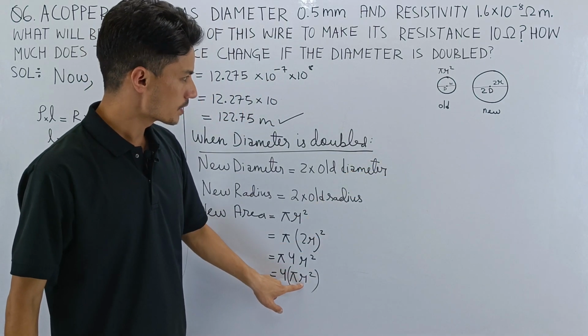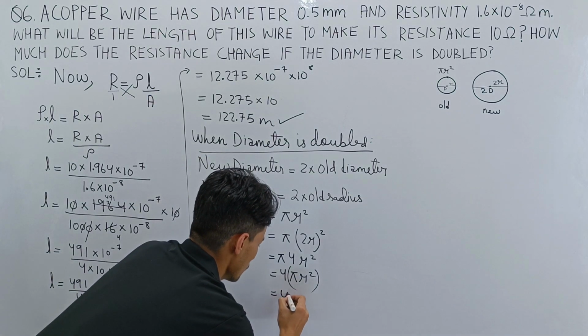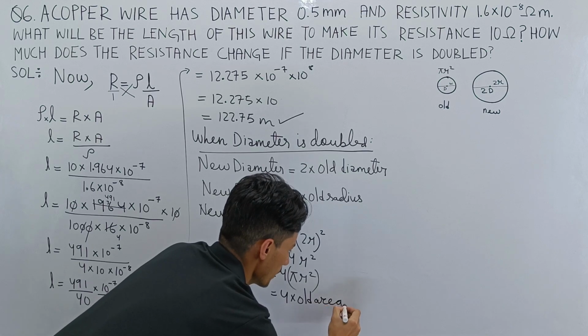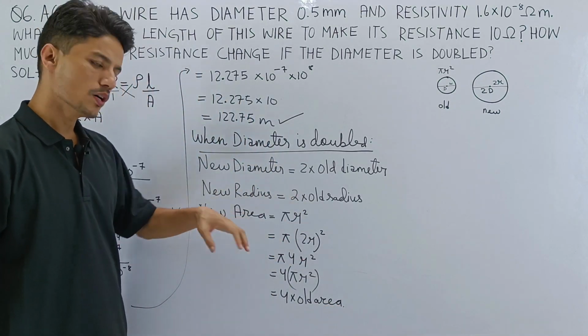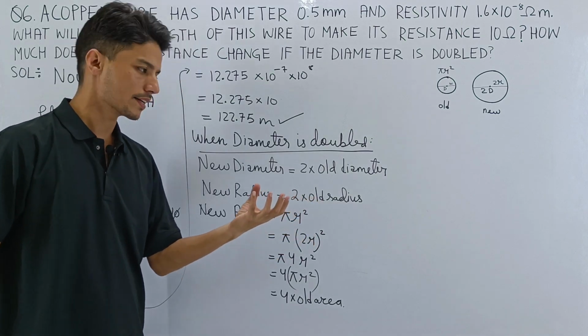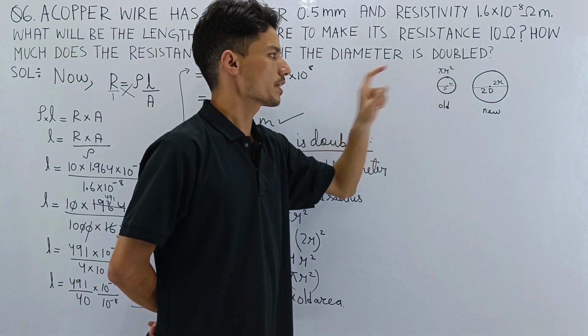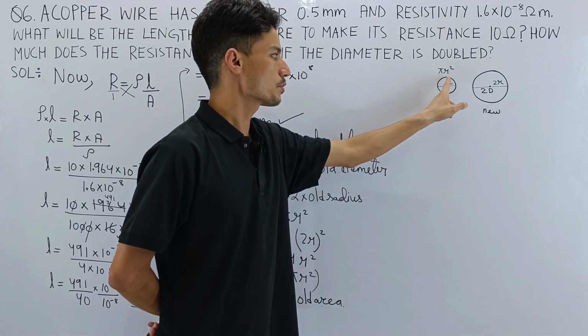This pi r square is the old area, so the new area is 4 times the old area. So the new area which we have is 4 times of this area.